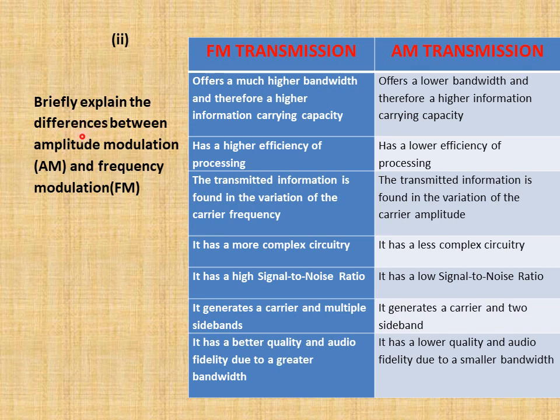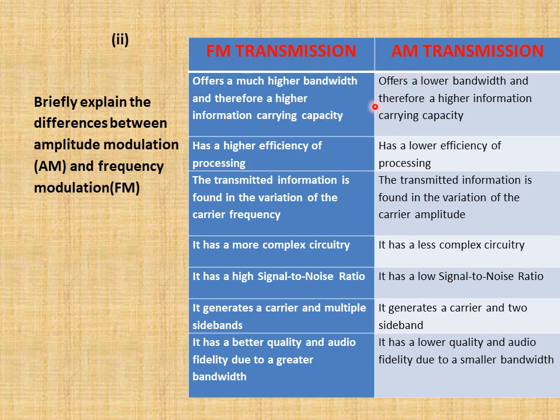Briefly explain the differences between amplitude modulation and frequency modulation. Frequency modulation offers a much bigger bandwidth and therefore a higher information carrying capacity.